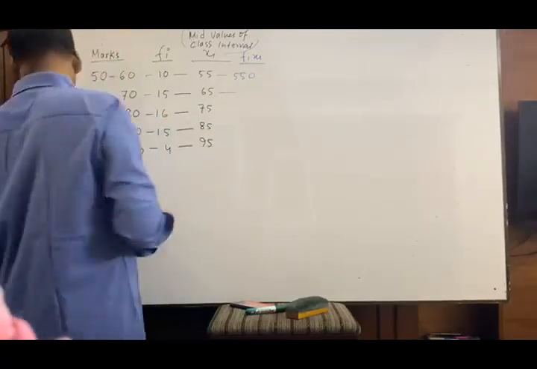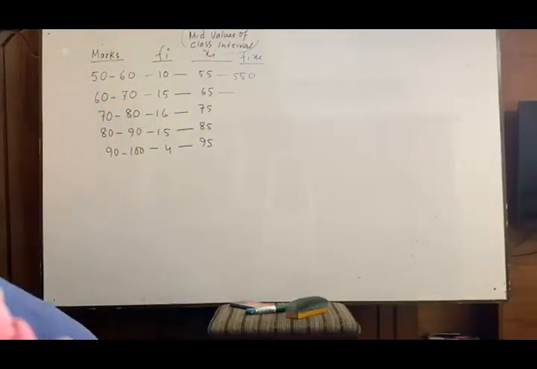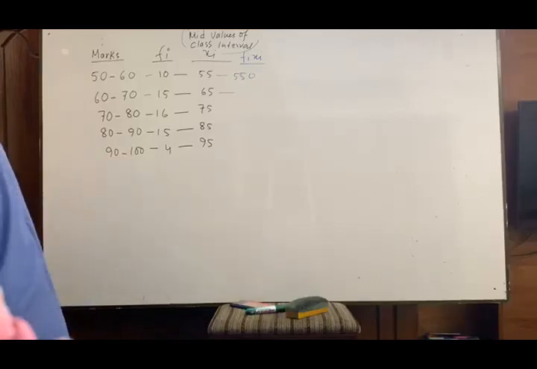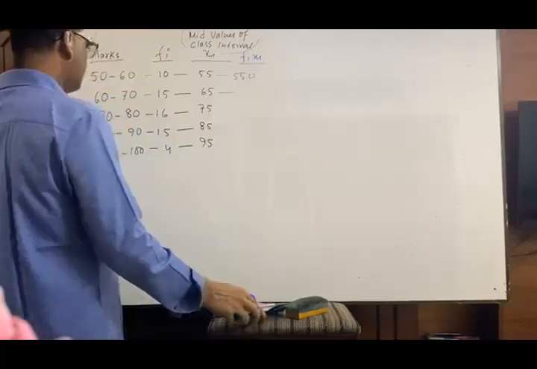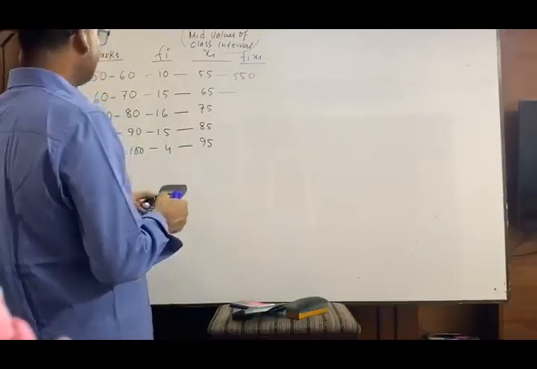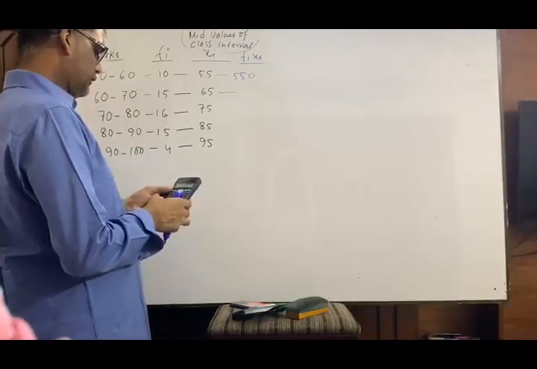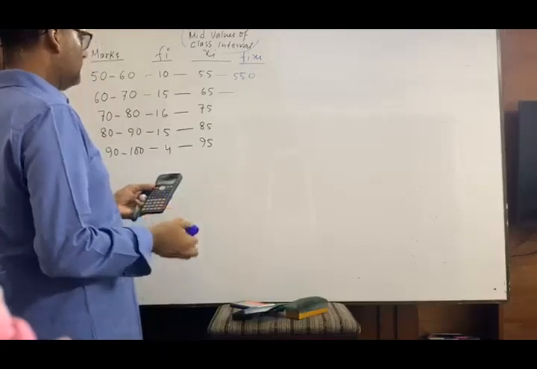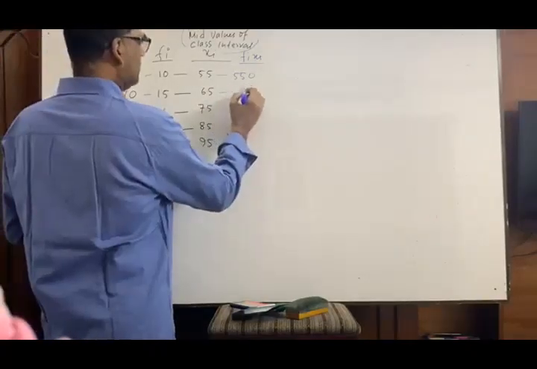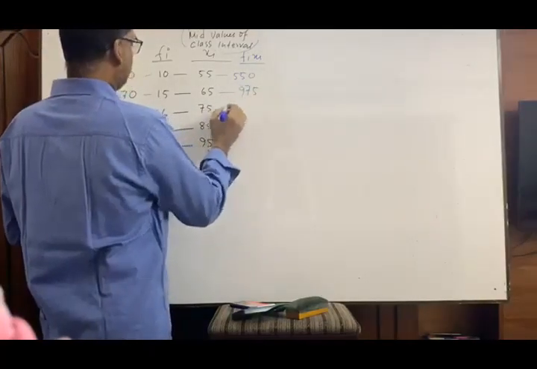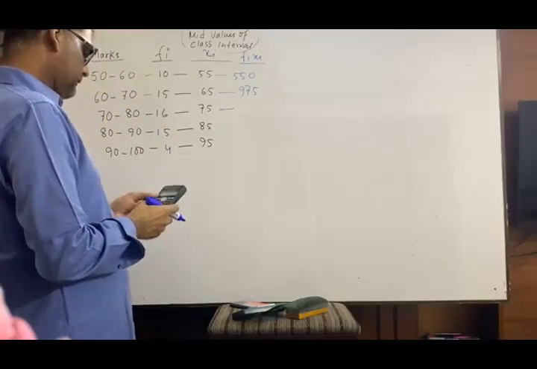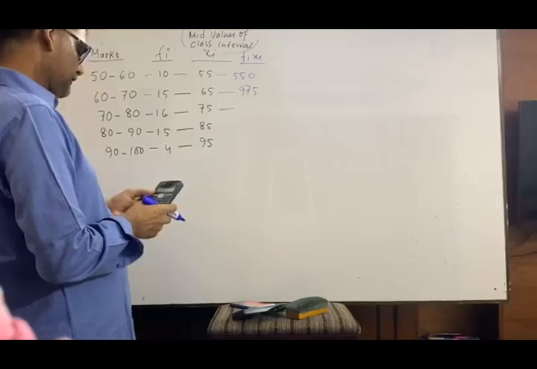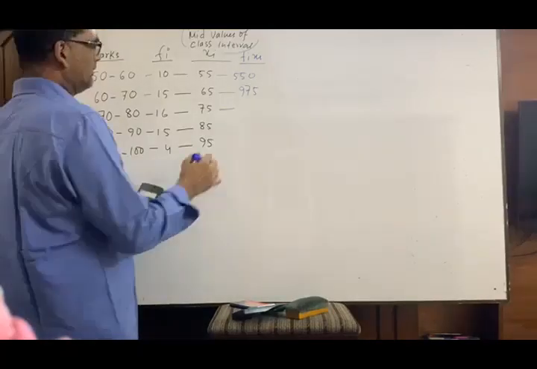Now use calculator. 65 into 15 is 975. 75 into 16 equals 1200.